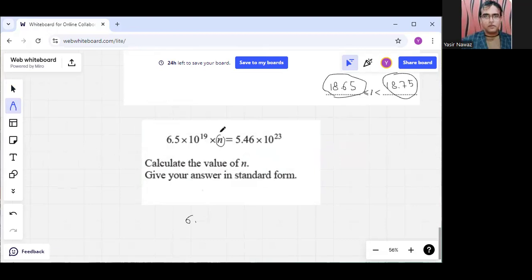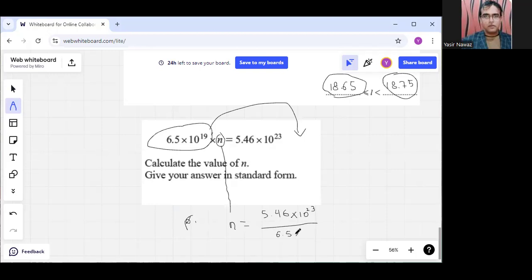I keep n on this side and bring the remaining things to the other side. So n will be written on the left-hand side, and on the right side I would have 5.46 times 10 to the power 23 divided by 6.5 times 10 to the power 19.